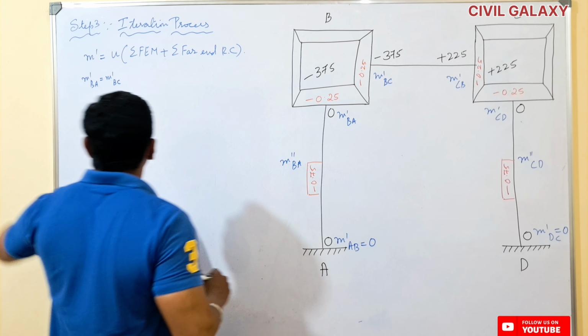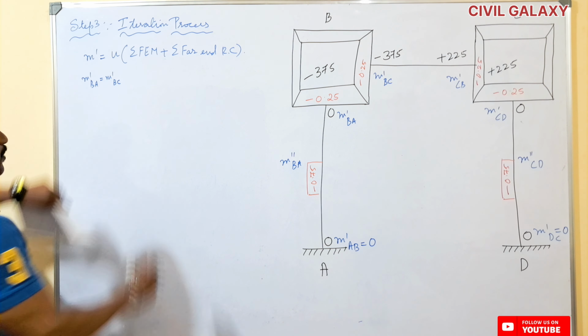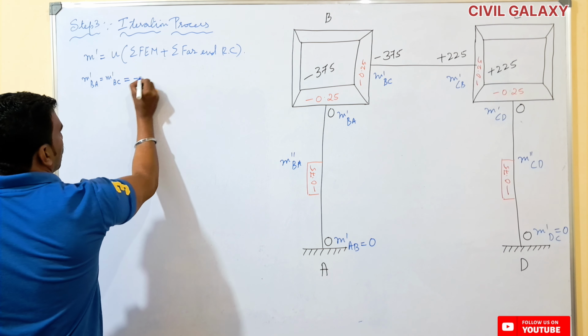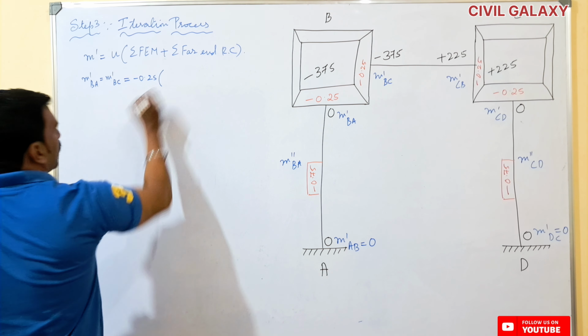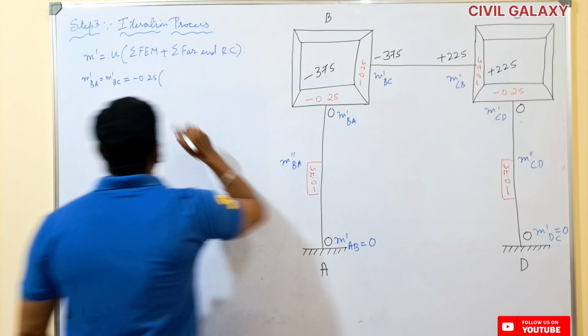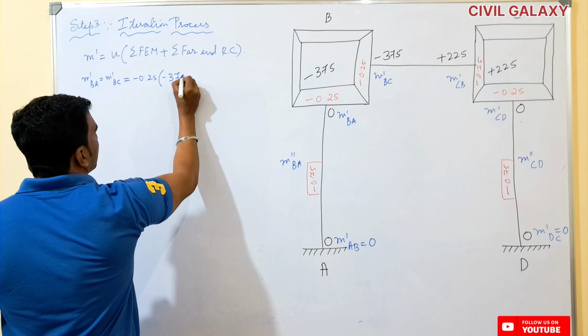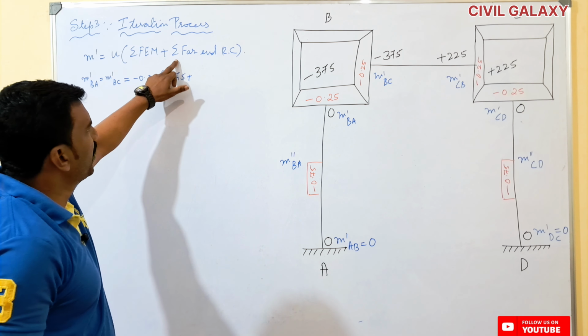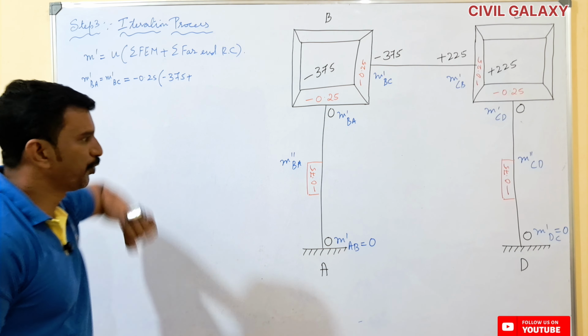So M dash BA will be equal to M dash BC, which is equal to the rotation factor, minus 0.25, times the summation of fixed end moment, which is minus 375, plus the total summation of far end rotation contributions.